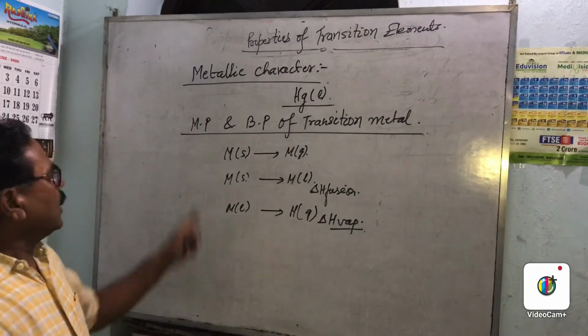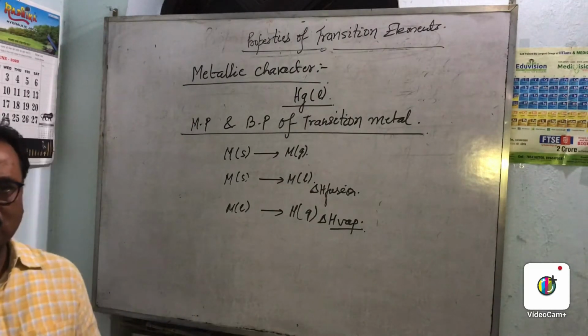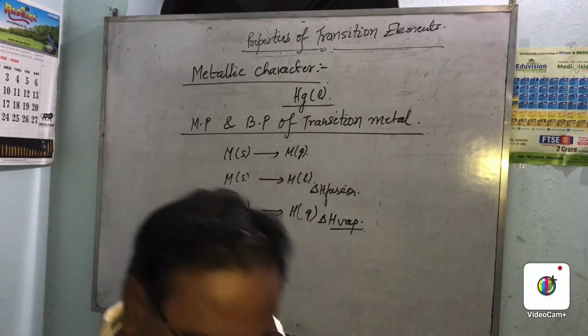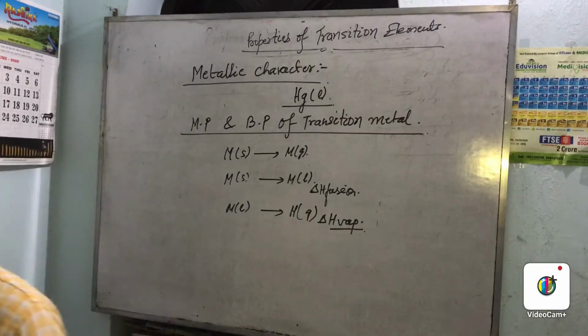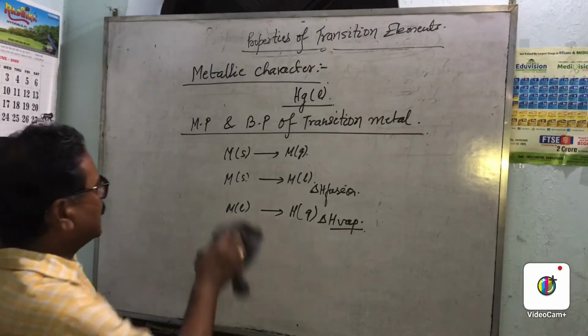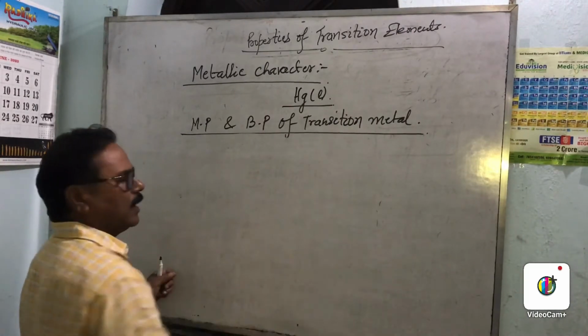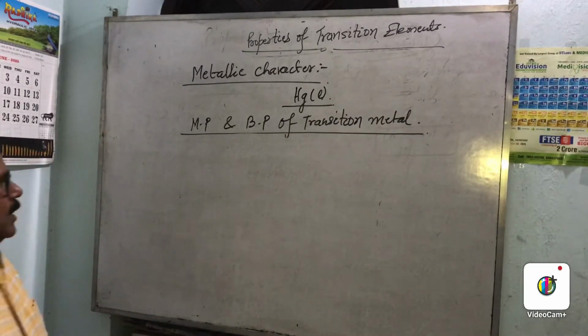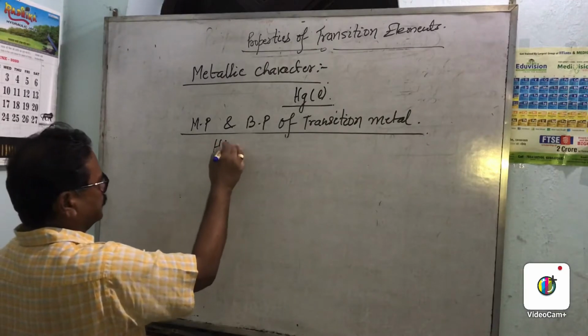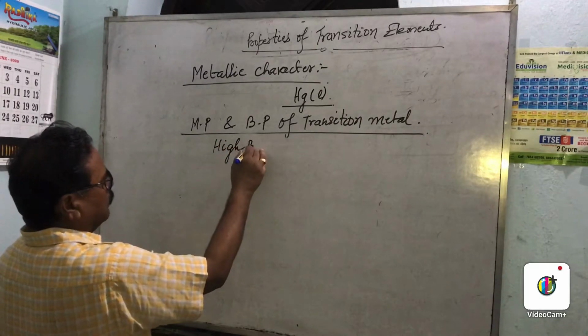Now, all transition elements or metals have high melting point and boiling point. Why do they have high MP and BP?